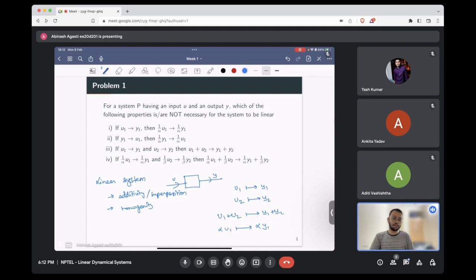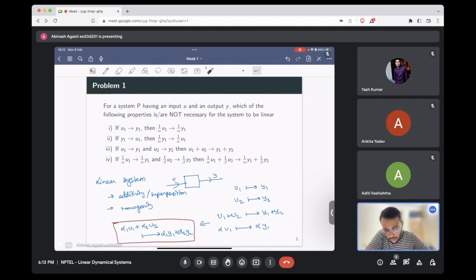Both of these rules can be summarized into one single sentence: alpha 1 U1 plus alpha 2 U2 shall give me alpha 1 Y1 plus alpha 2 Y2. This is the condition for a system being linear on the inputs and the outputs.